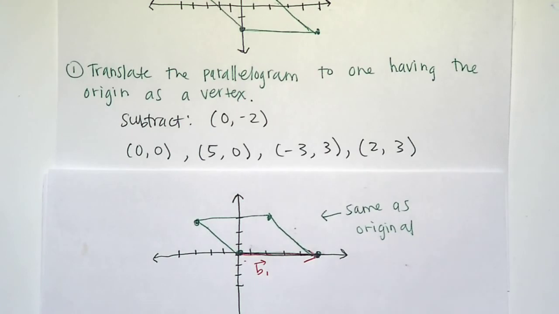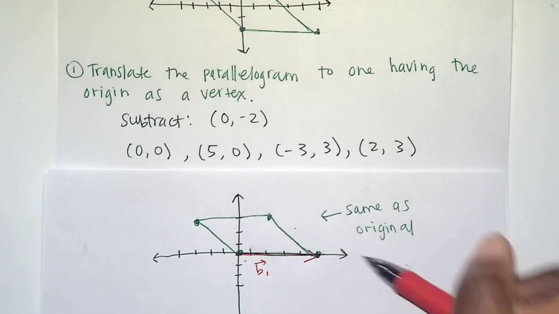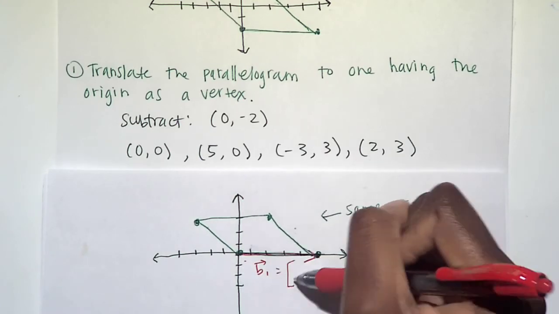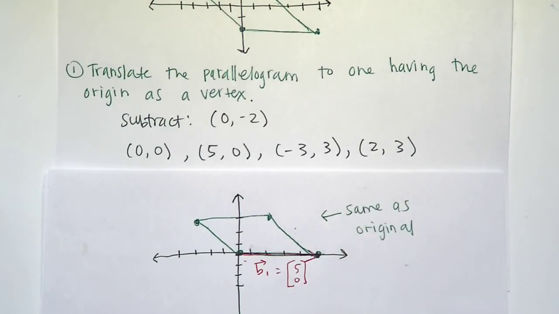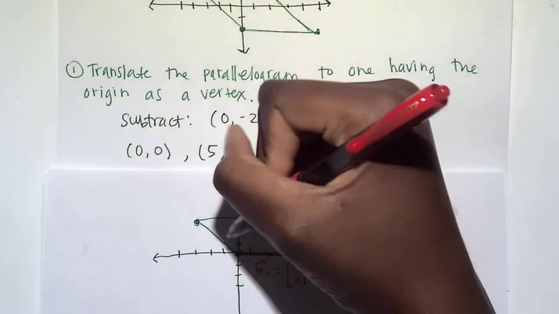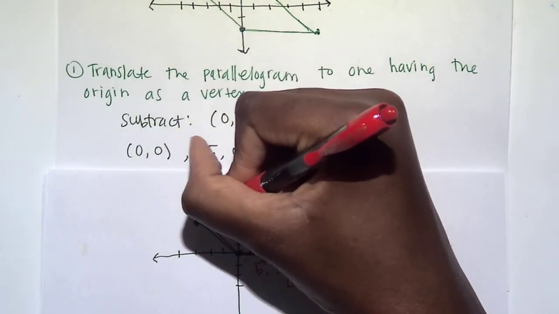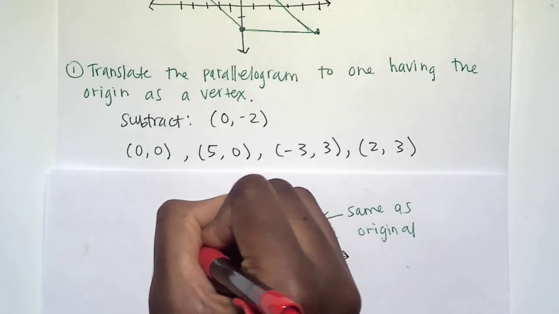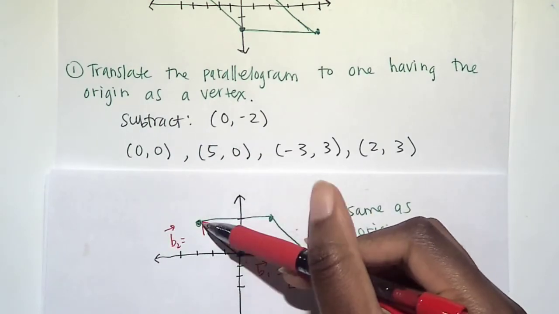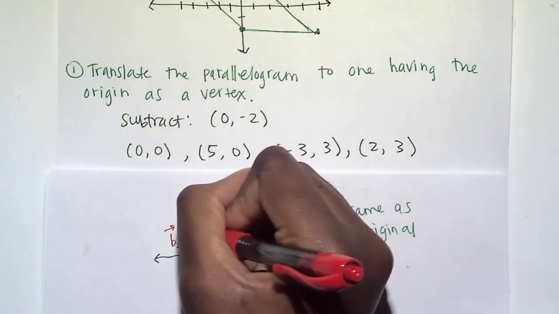This is the vector (5, 0). And then it's also determined by this vector, which I'm going to call b2. This is the vector (-3, 3).